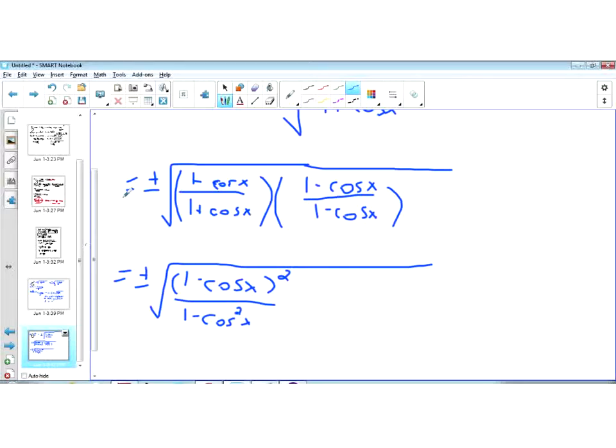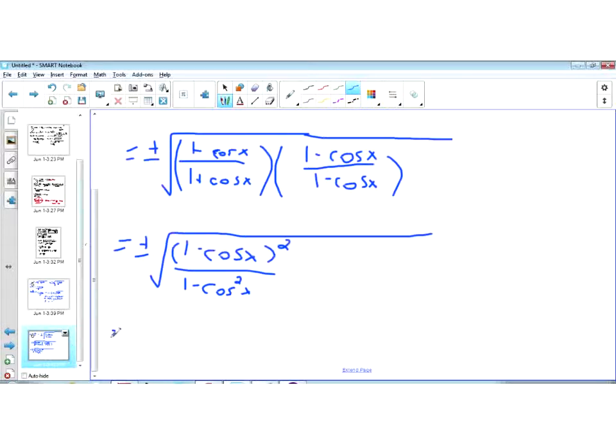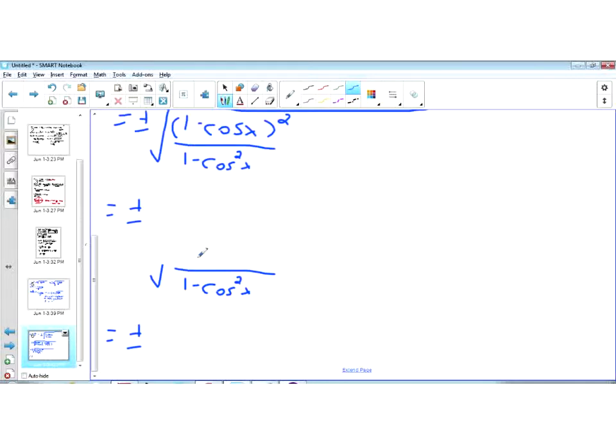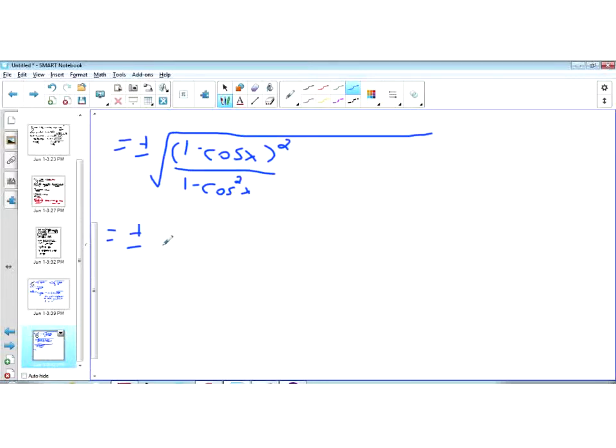And that's just equal to plus or minus 1 minus cosine x quantity squared divided by sine squared x.